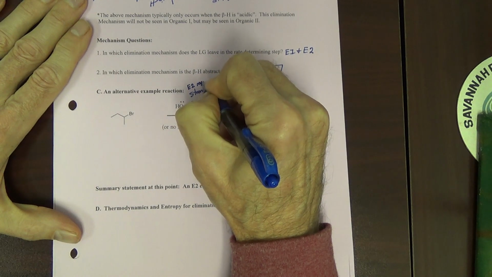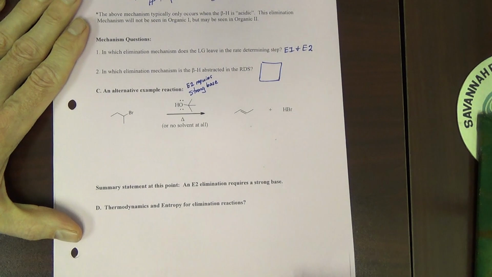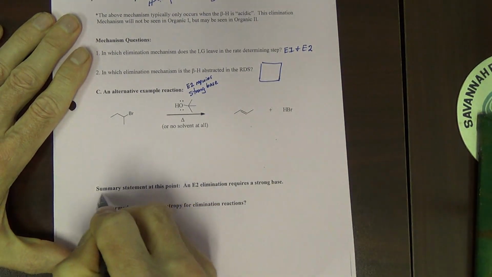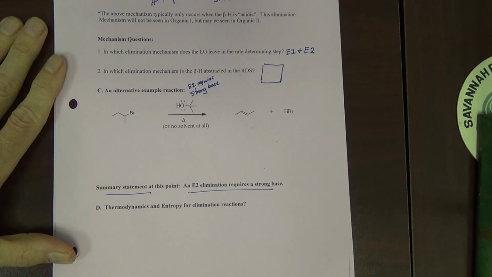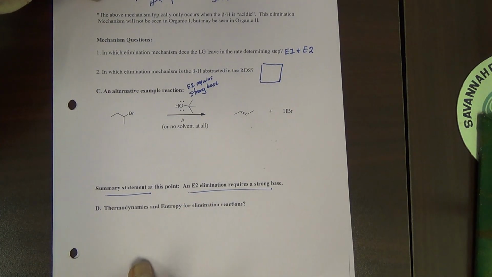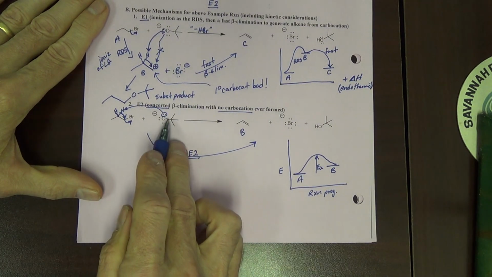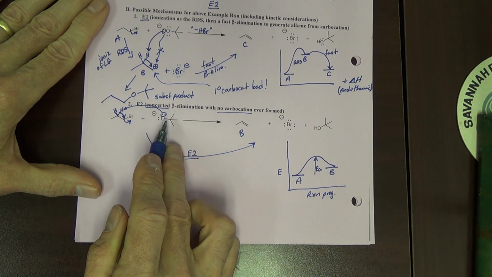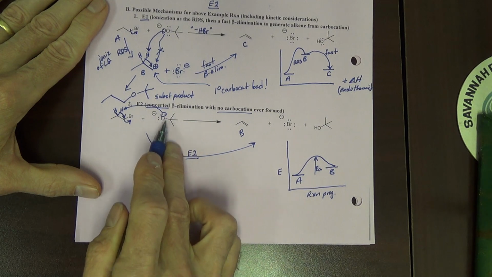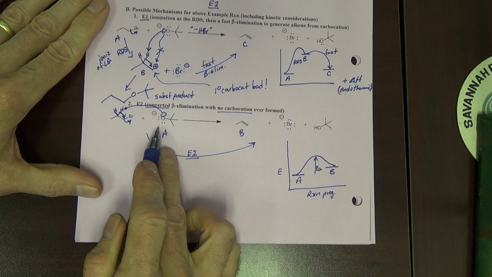E2 requires a strong base. It's actually a summary statement right here. Why does it require a strong base? Well, the base is involved in the rate determining step. The difficult step, and thus the base needs to be good, it needs to be strong to be involved in the rate determining step.